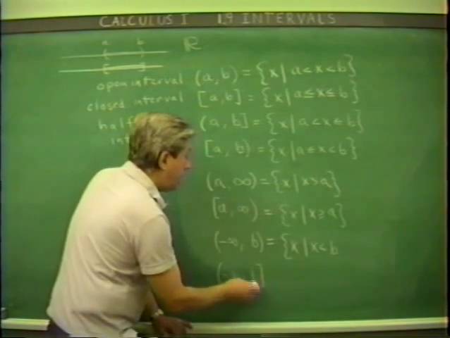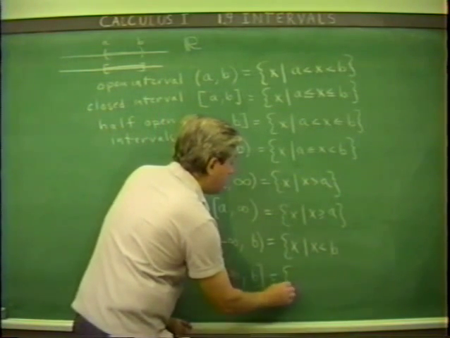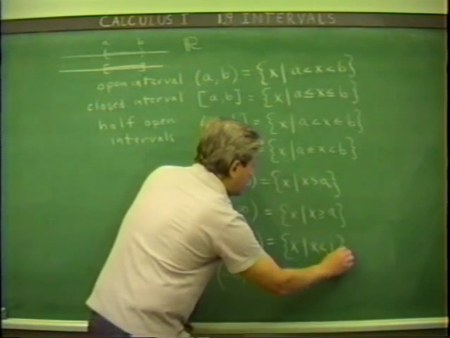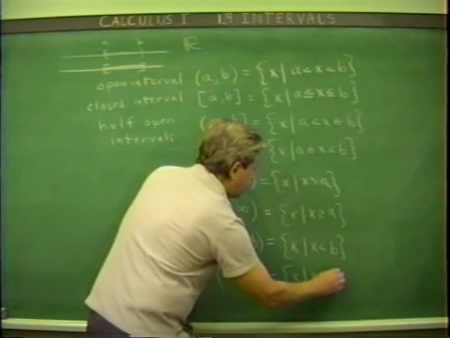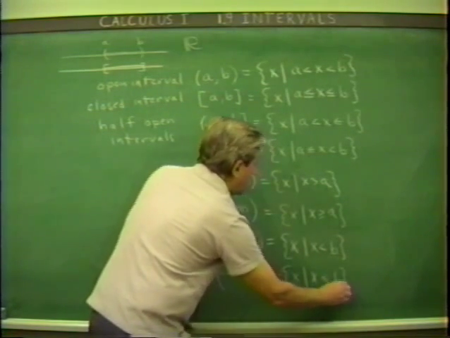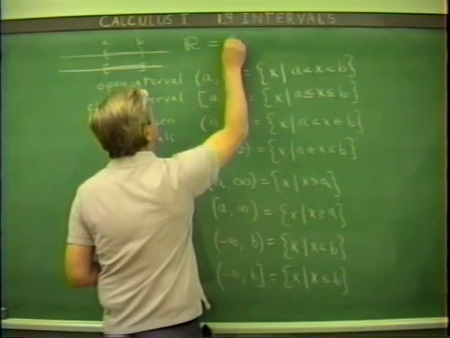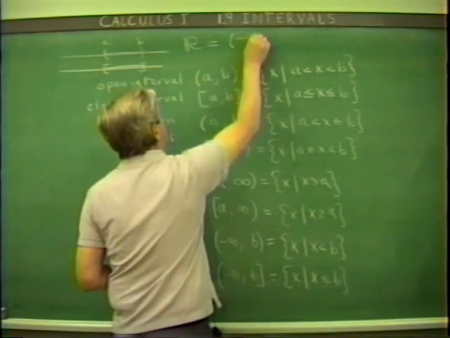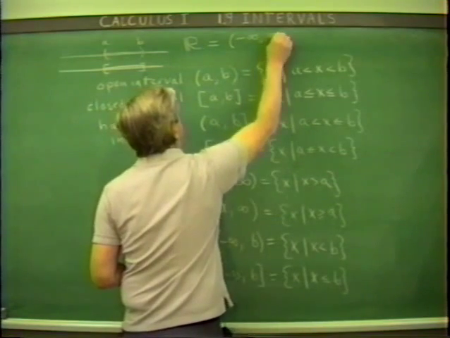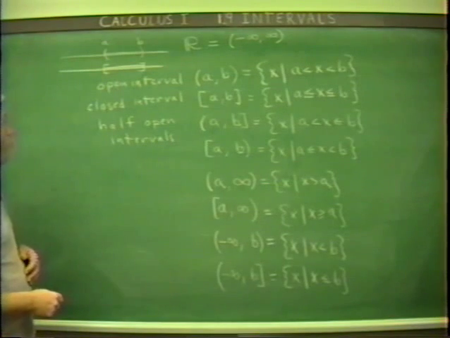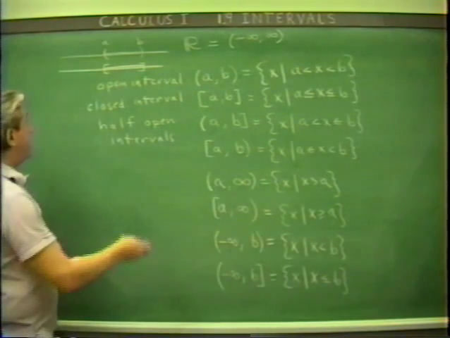And the last possibility here, I guess, is minus infinity to b, including the b. This is the set of x such that x is less than or equal to b. One can write the real numbers themselves as the interval minus infinity to infinity.